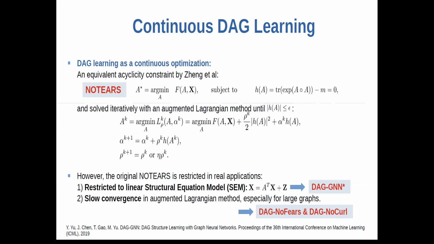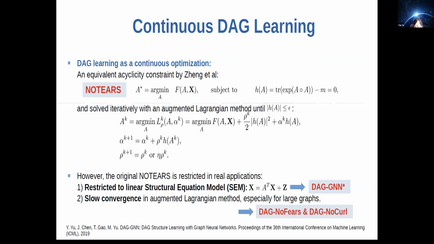So in DAGMA, we propose an alternative formulation that satisfies the KKT property, trying to fix this convergence issue with NOTEARS.